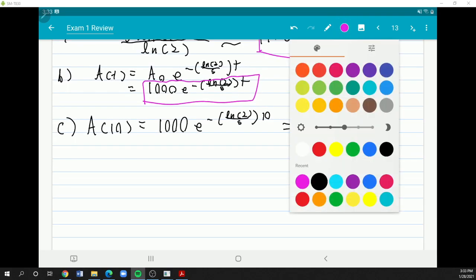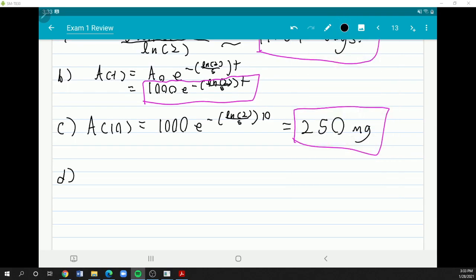And then part D flips the script a little bit. When is there 200 milligrams remaining? Or when is the mass 200 milligrams? So we go ahead and plug that in. 200 milligrams equals 1,000 e to the minus log 2 over 5 times not 10, but t.